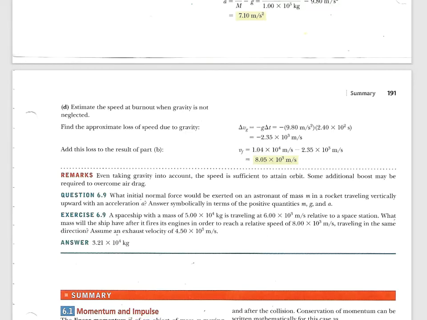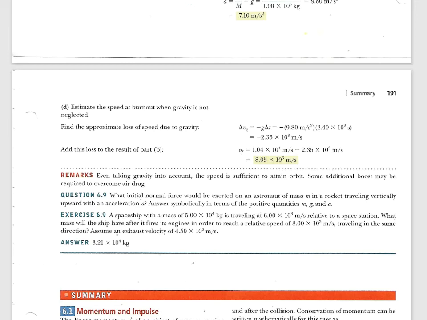Exercise 6.9. A spaceship with mass 50,000 kilograms is traveling 6,000 meters per second relative to a space station. What mass will the ship have after it fires its engines in order to reach a relative speed of 8,000 meters per second traveling in the same direction?